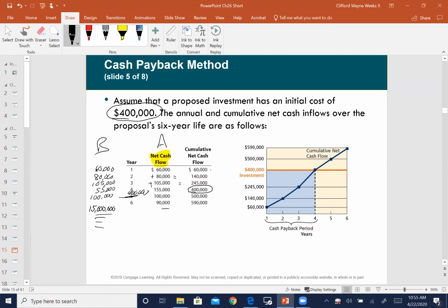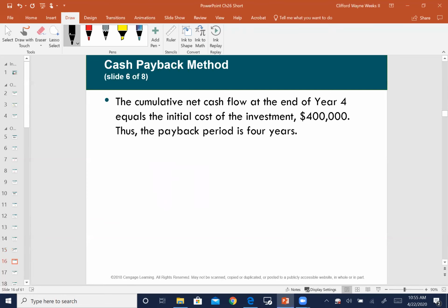And so one of the weaknesses of the cash payback method is it completely ignores the cash flows that happen after the payback. Under our rationale, we would have chosen A and we would have missed out on that $15 million payout in year 6. So that's one of the weaknesses of the cash payback period.